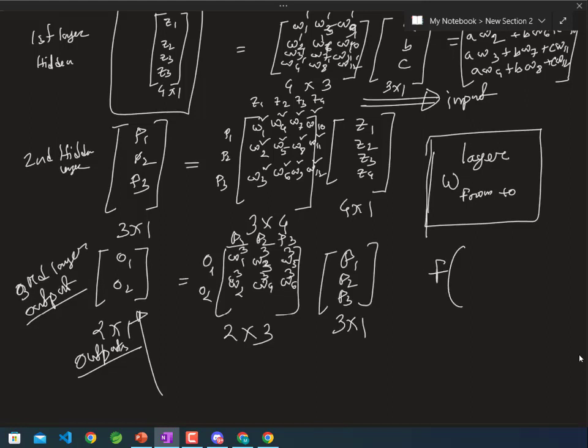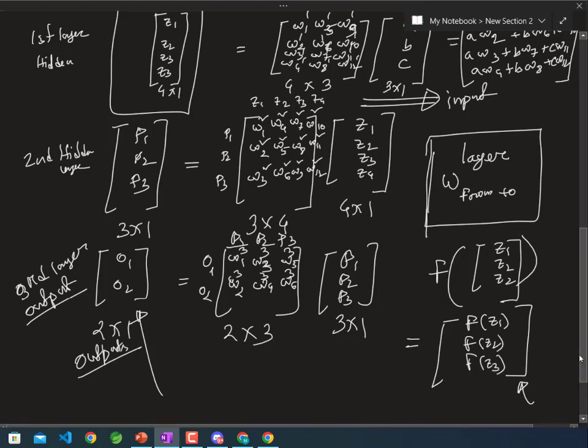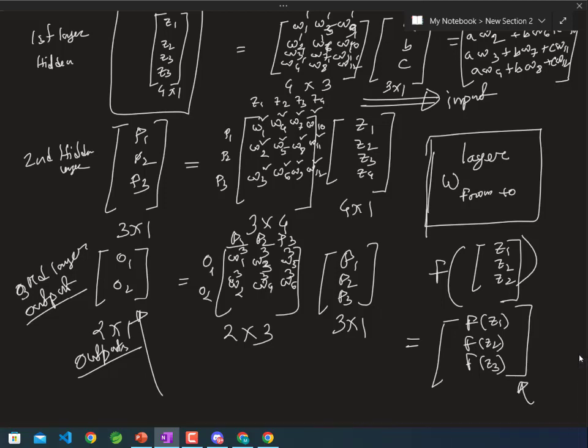So it can be rewritten as the matrix of function of Z1, function of Z2 and function of Z3. So each value will be applied with the help of activation functions as well. So this is the part of how we can represent our normal multilayer perceptron neurons into a matrix, and how we can consider them in the activation functions as well.